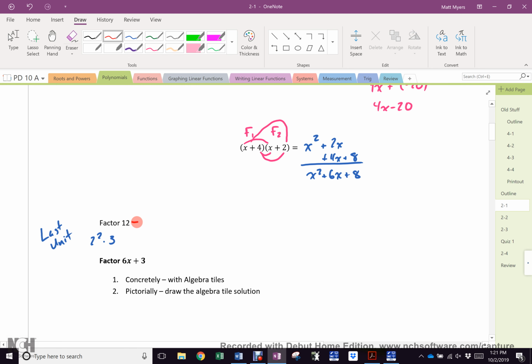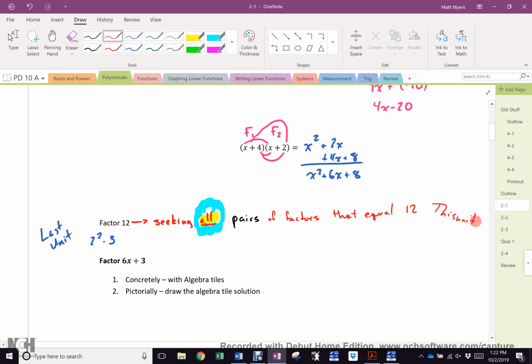This unit, when I say factor 12, it means I am seeking all, underline all, Mrs. Bad Crumble Cloud, all, highlight all, pairs of factors that equal 12. That is this unit.